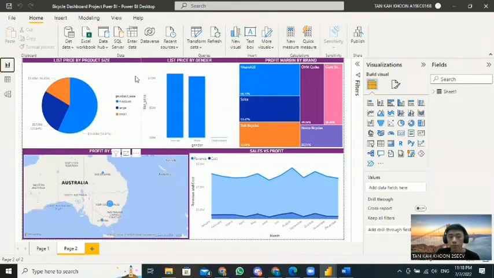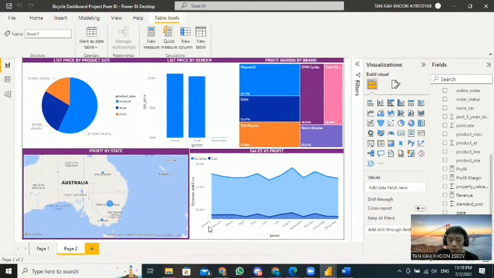There are 5 top graphs: list price by product size, list price by gender, profit margin by brand, profit by state, and sales vs profit. There are also 10 domains used: list price, product size, gender, profit margin, brand, profit, state, revenue, cost, and the transaction date, which is the month that will be used in the sales vs profit graph.